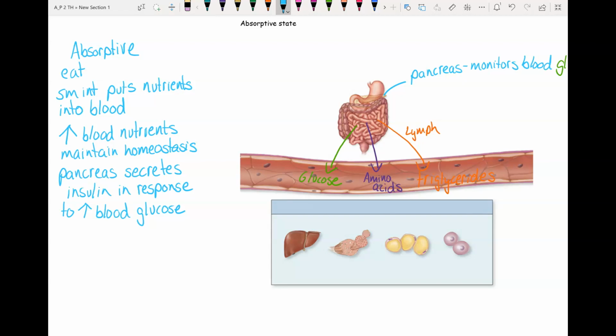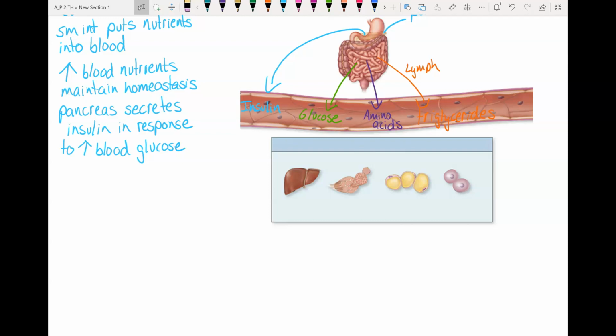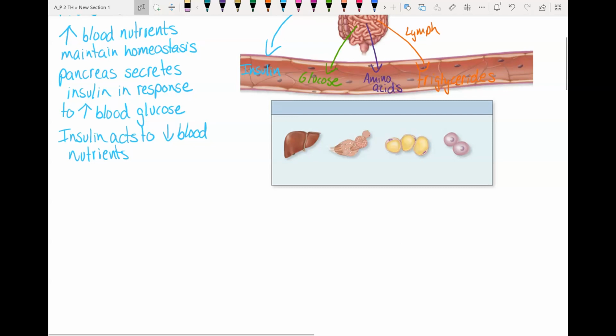So now we have insulin from the pancreas going into the blood also. The job of insulin is to reduce the blood level of nutrients. So you're going to move nutrients out of the blood and into other tissues.